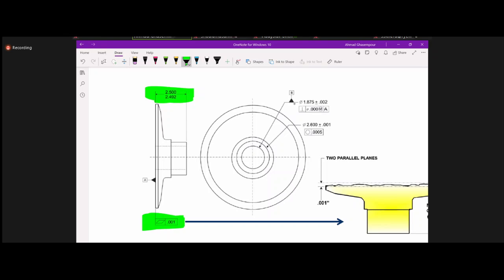Even if you break it down for this surface and this surface, you still have 4 tau on each side. So 0.001 or 1 tau is much less than that. So this is an appropriate use of flatness. Again, can flatness tolerance have a datum?